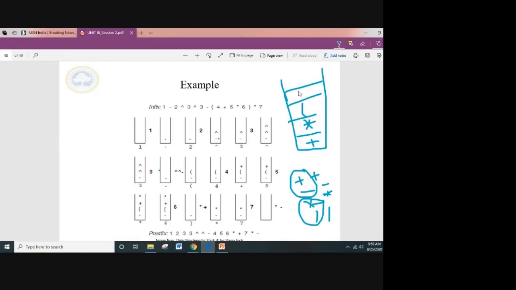Next a plus comes, you can push. Now a star comes, then also you can push. Now again another star comes. At that time, this star has to be popped out and the new star can be pushed in. Or else a slash comes, then this star has to be popped out, and you can place the slash over there.